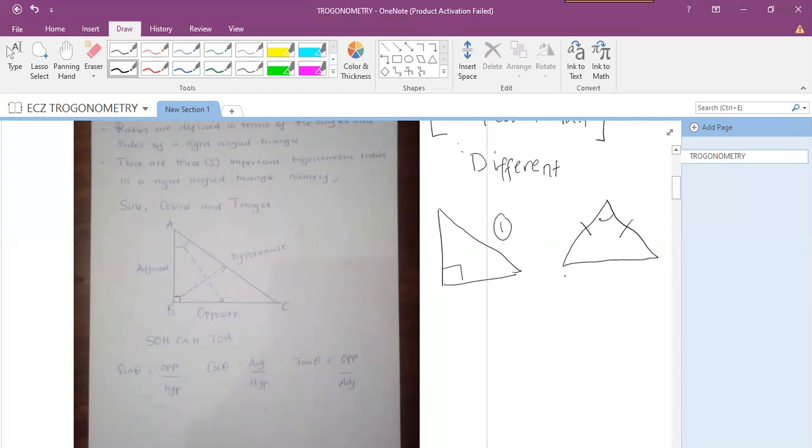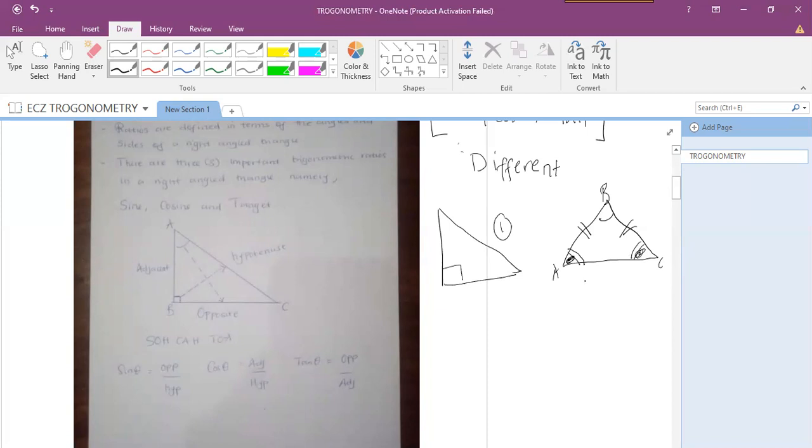If two sides are equal, so one slash and one slash means this side is equal to this side. Sometimes you can have two slashes there. So if you have identical number of slashes, it means those sides are equal. So it means this angle is equal to this angle. So if AB is equal to BC, then this angle here is equal to this angle.